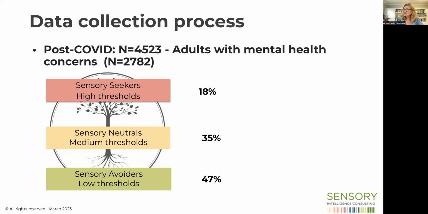But what is really interesting, although very much aligned with the research as well, in the group of adults which most probably have got mental health diagnoses, 2,782, there's only 18% of people that are sensory seekers. There's 47% of that group which are sensory avoiders. This 47% really aligns with the data that's out there.